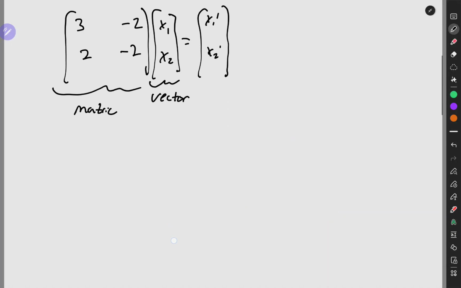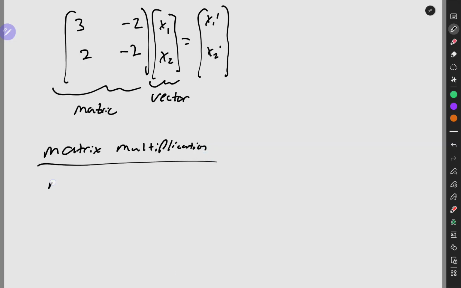So for matrix multiplication, you multiply the row, well, actually, it'll be the row by the column, yeah.